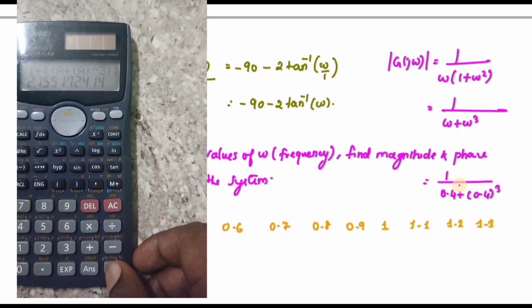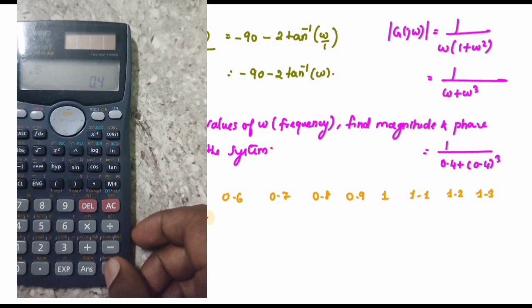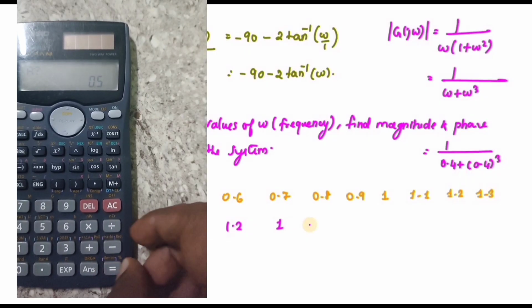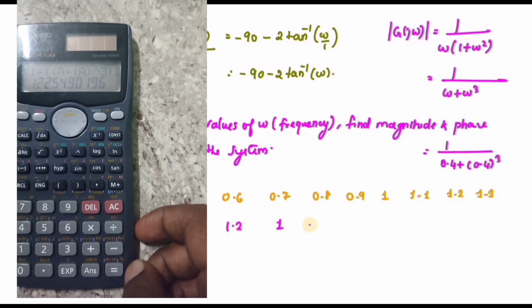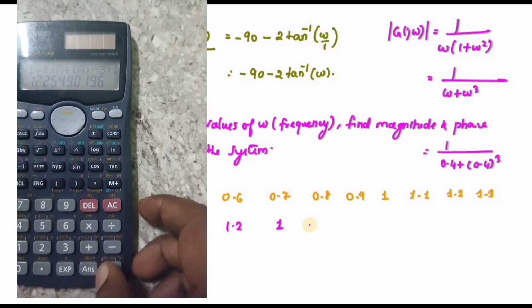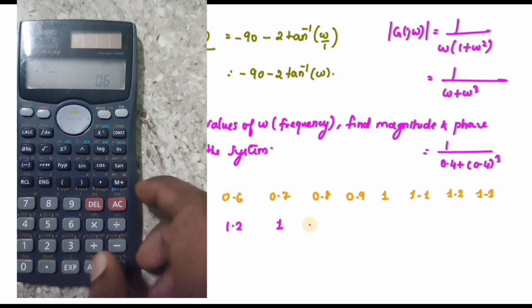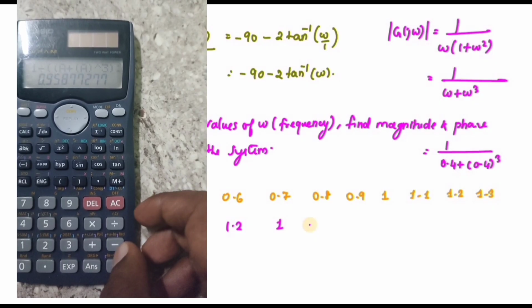In a similar way, you press calculate again and give the value 0.5, then press equal to, and you get 1.6. For 0.6, you get 1.225. For 0.7, you get 0.95.